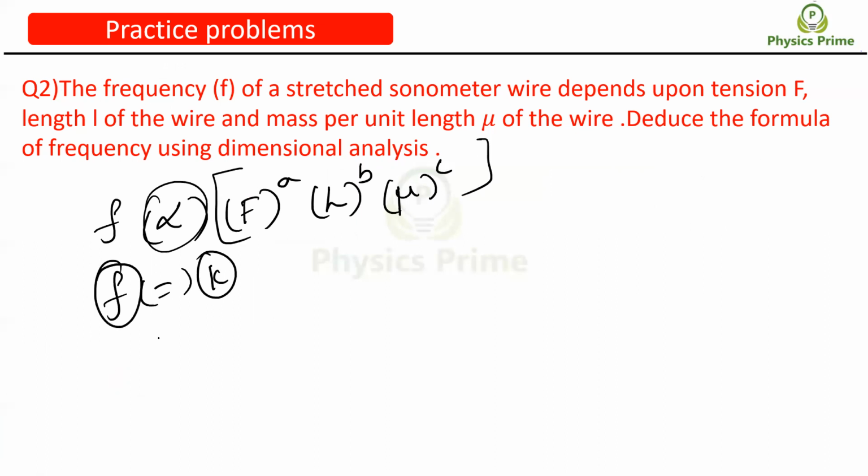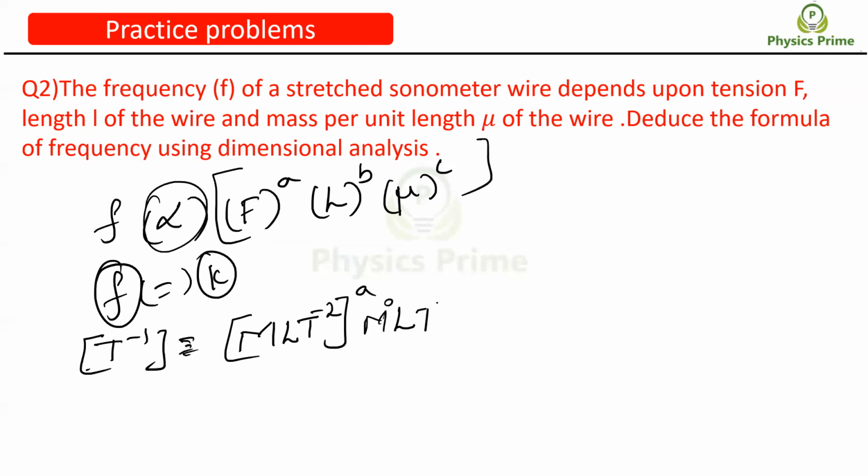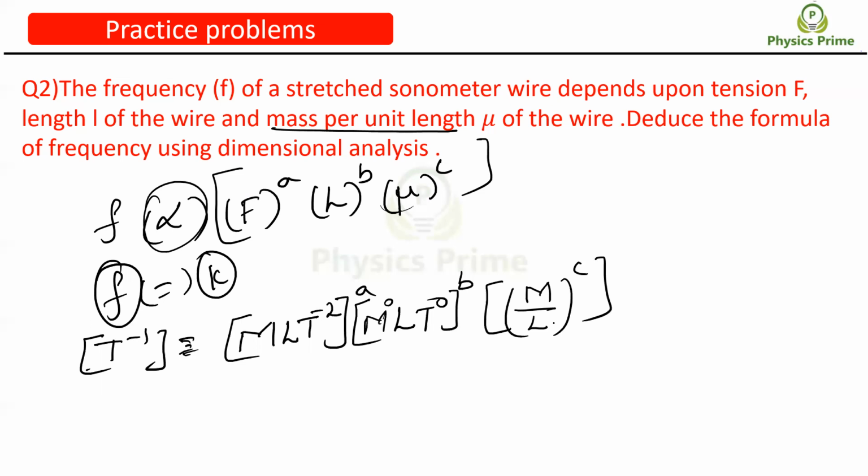The dimension of frequency is T to the power -1. This is equal to the constant, which I can forget as of now. Force has dimension M power 1, L power 1, T power -2, the whole power A. Then length is M power 0, L power 1, T power 0, power B. Mu is mass per unit length, that means M by L, whole power C. So mu is M power 1, L power -1, and T power 0.